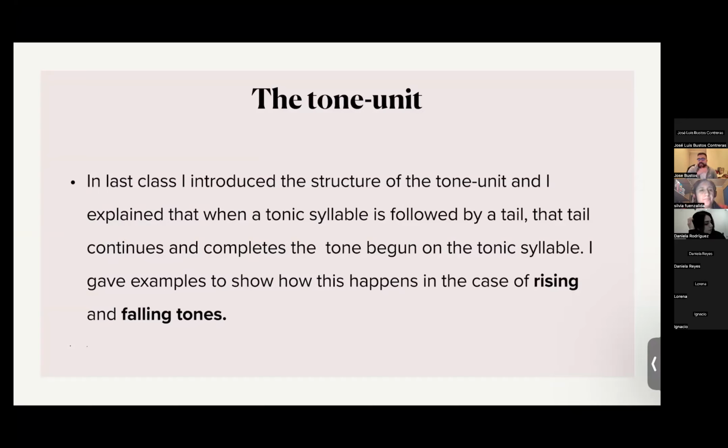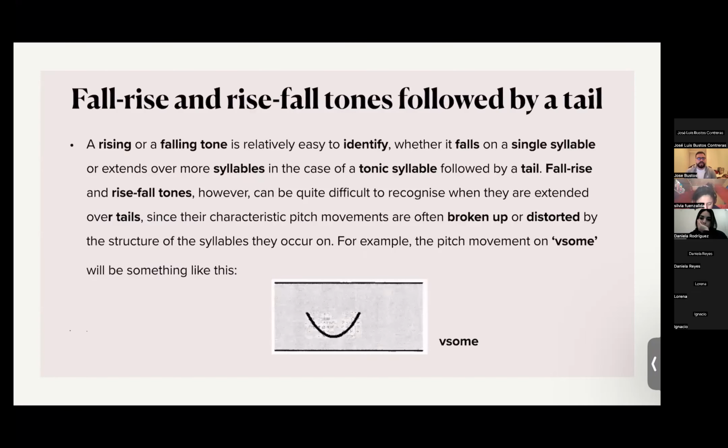So this is just to review what we discussed at the beginning of the session and what we studied last class. So now we are going to jump into the next topic, fall-rise and rise-fall tones followed by a tail. So what happens in terms of how we identify them and also how we produce them.